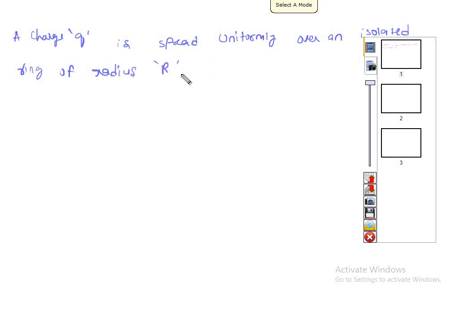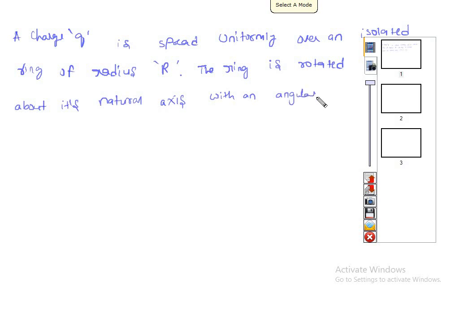The ring is rotated about its natural axis with an angular velocity omega.